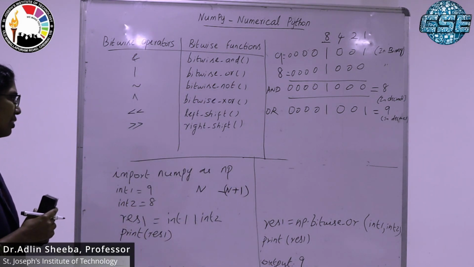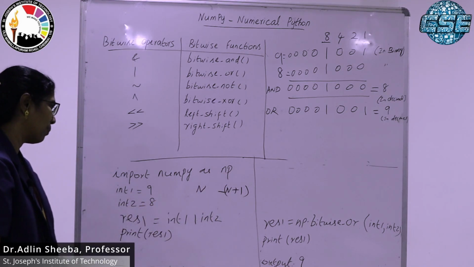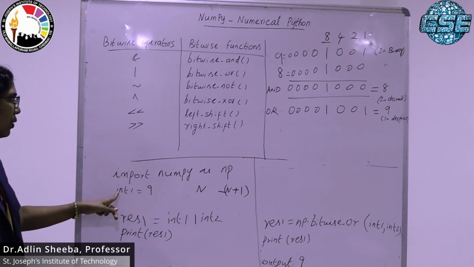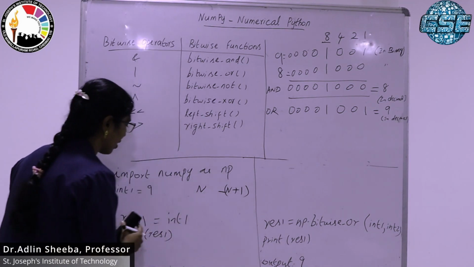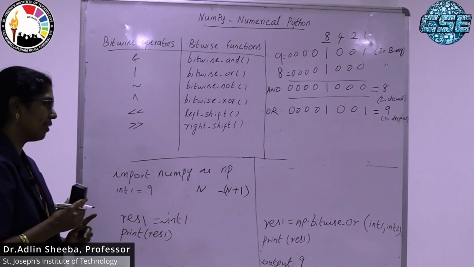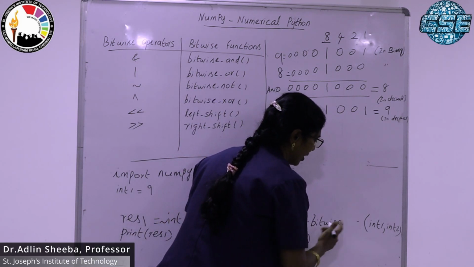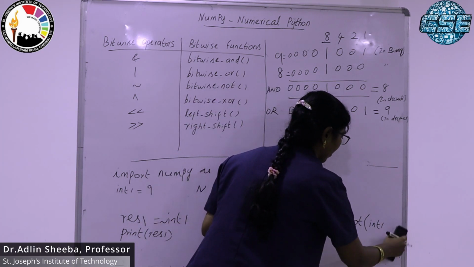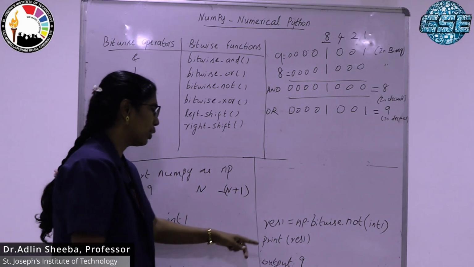For bitwise NOT we consider only one number, and the symbol for NOT is this symbol. Now we are printing the result, and the corresponding ufunc here is bitwise_not of int1.